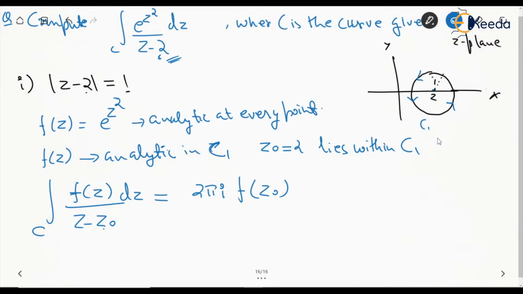So this is going to be 2 pi i e to the power of z0 square, which is 2 square, which is 2 pi i e to the power 4. So this will be the answer for this first graph.